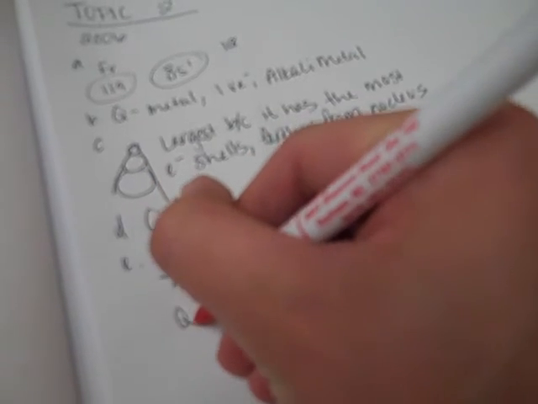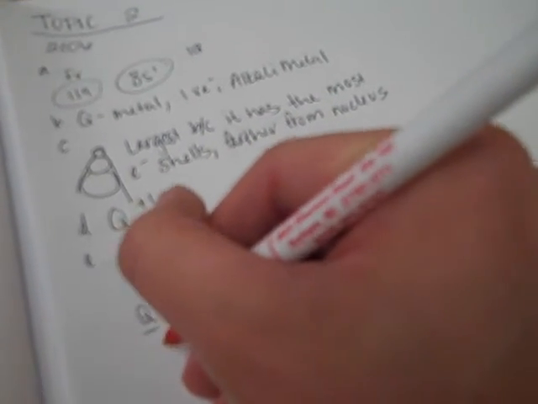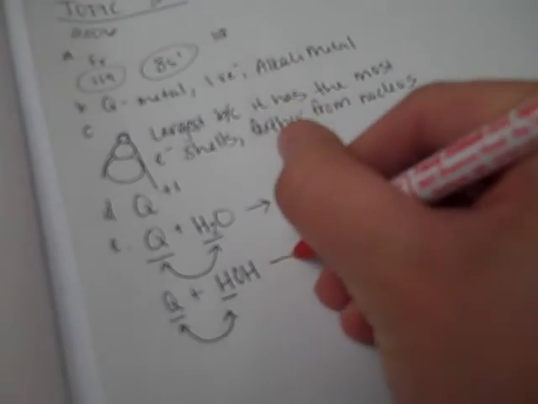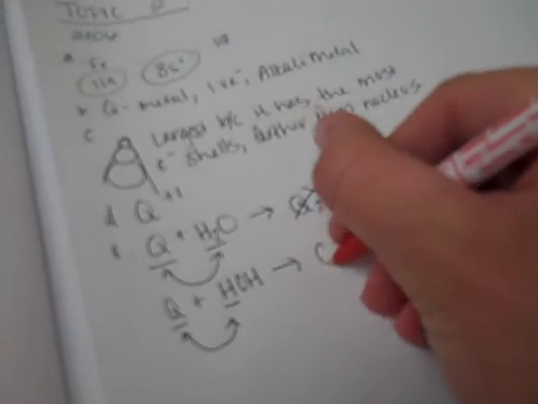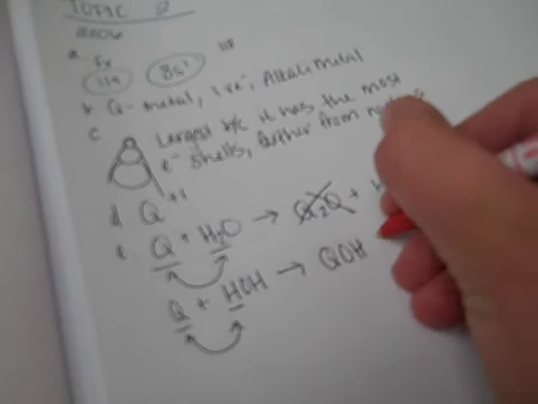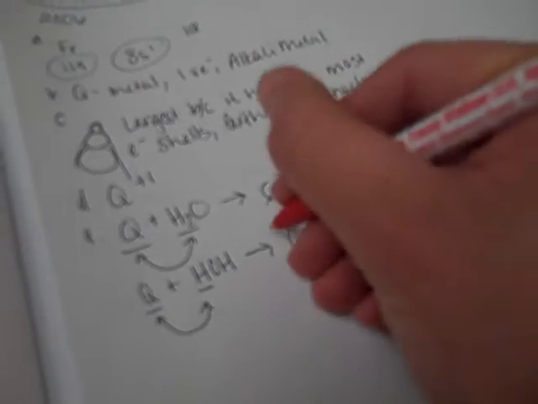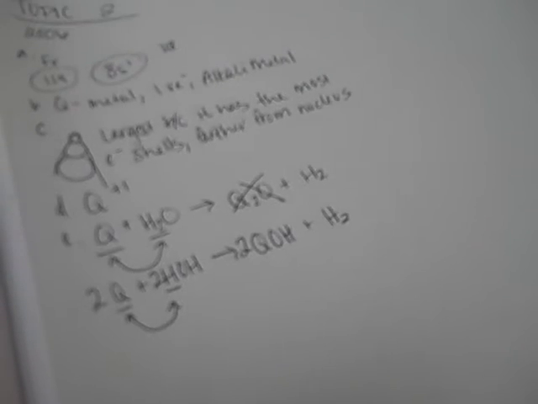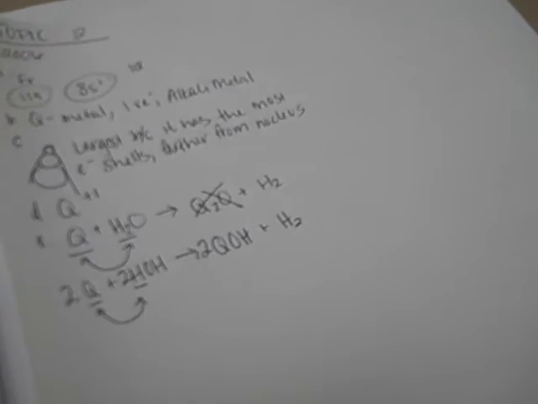So it would be Q plus HOH. The H and the Q will switch, so it changes your answer slightly. You get QOH plus H2. Alright, now we need to balance this. So we'll put a 2 here, a 2 here, 2 there. I think that's good.